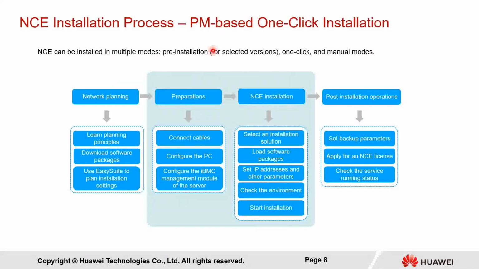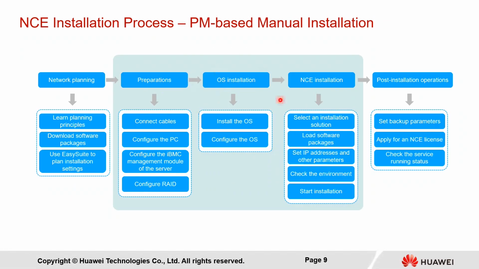So let's come back to the first page. For this one, we do network planning and then post-installation operations, and between that is just preparations and NCE installation. And if you choose to do it manually, one thing extra is that you need to do the operating system installation. You need to install the OS and configure the OS.